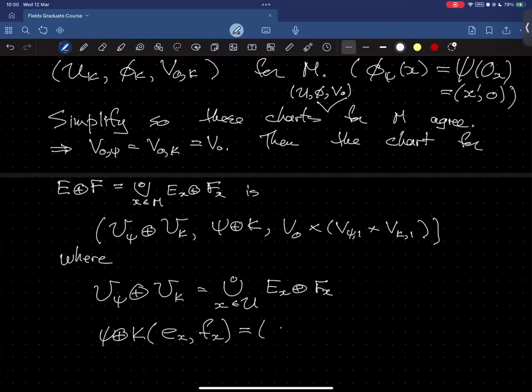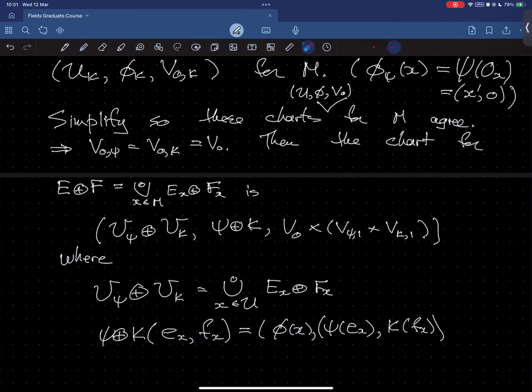So this is going to be phi of x, and then psi of EX, kappa of FX. That's how I build my vector bundle charts.